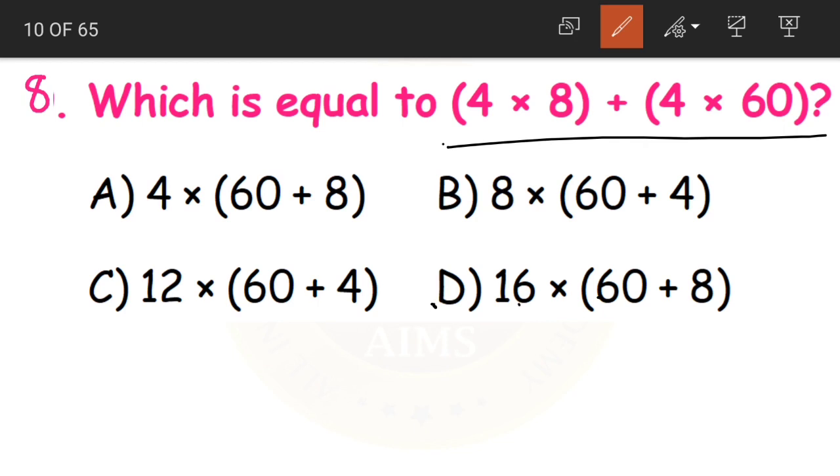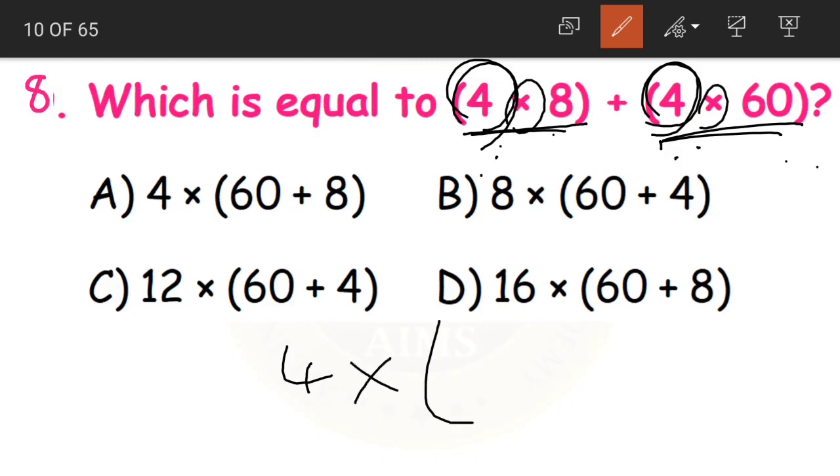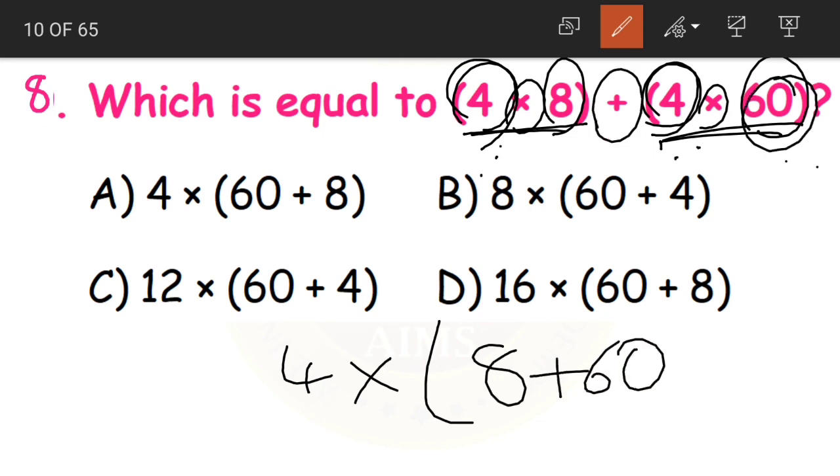Okay. Now if you remember, this 4 into 8 plus 4 into 60 is our distributive property. Yes, 4 is common here in both. In both of these brackets, what is common? 4. So 4 will be written outside. After 4 we are having the into sign. Then brackets open. 8. Then the plus sign. Then 60. Clear, children? What did we do?